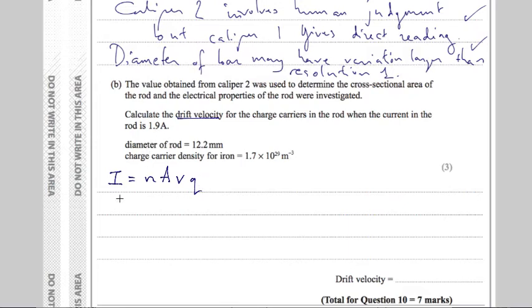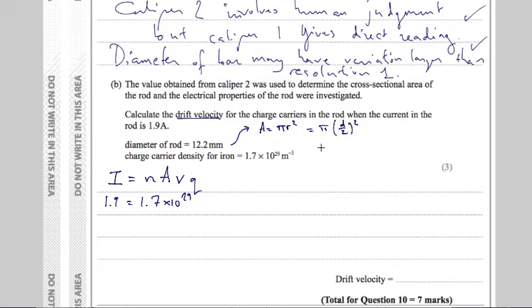We know that the current is 1.9. We know the charge carrier density, that's n, 1.7 times 10 to the 29. The area we don't know, but we know the diameter. So let's work out the area. So that means that the area is going to be pi r squared, where r is half the diameter, so pi d over 2 squared.